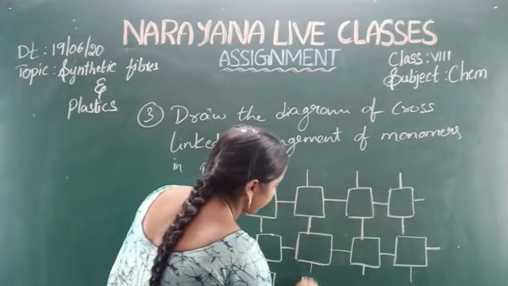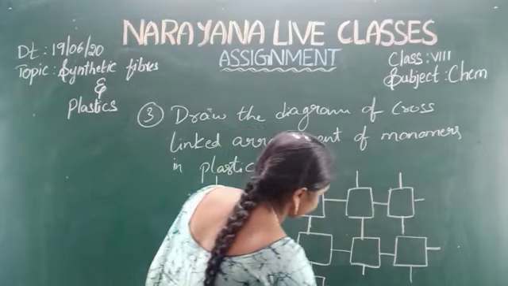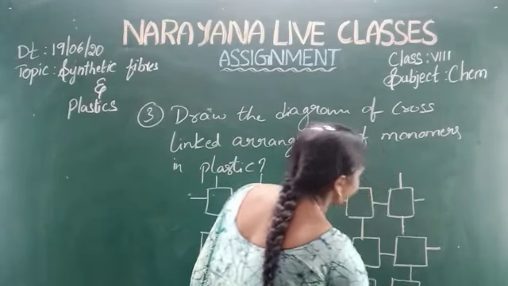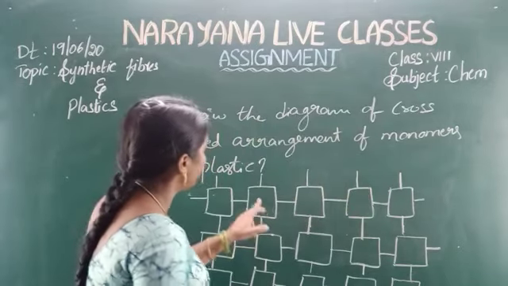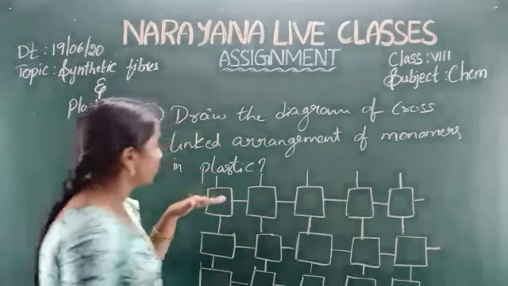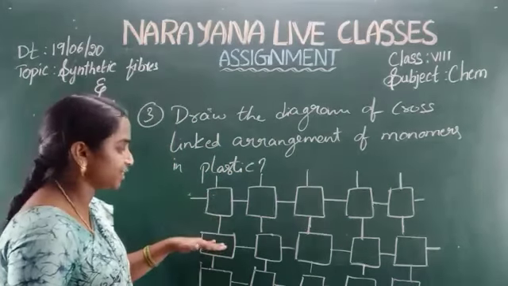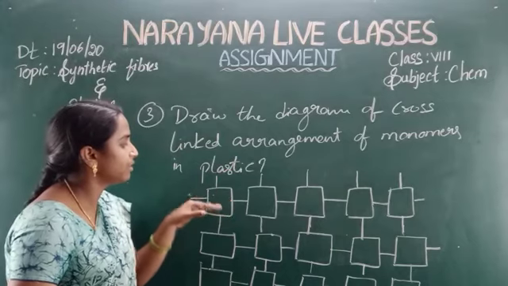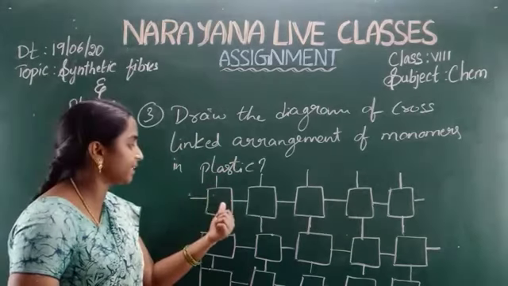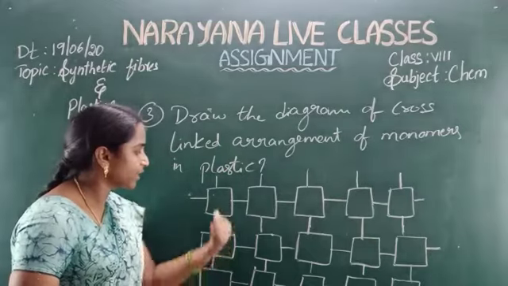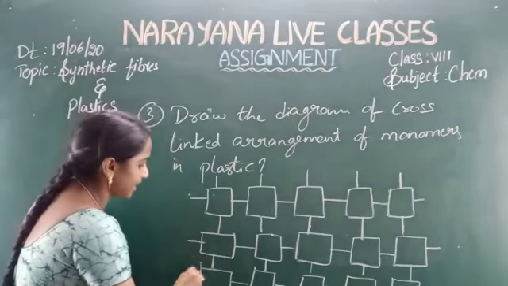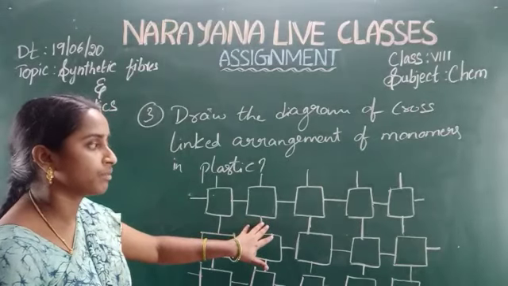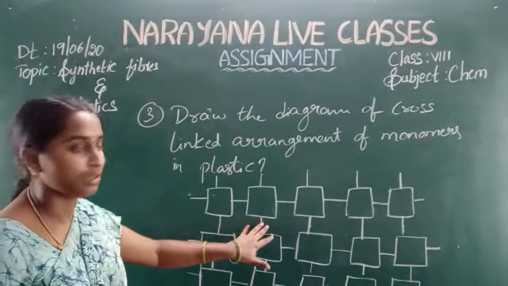Like this, they can be arranged. Here, if we observe each monomer, only one other monomer is attached on the board. But if we consider the complete polymer, a number of units can be attached to this monomer unit. So, in all the directions it can be attached. This is the diagram of cross-linked arrangement of monomers in a polymer.